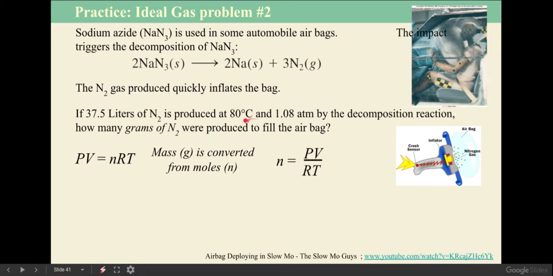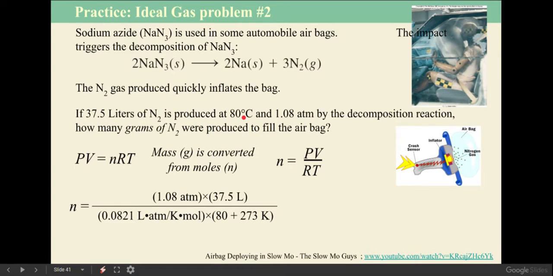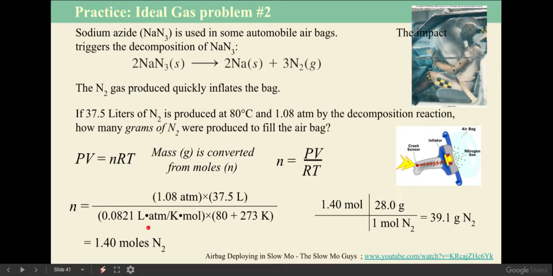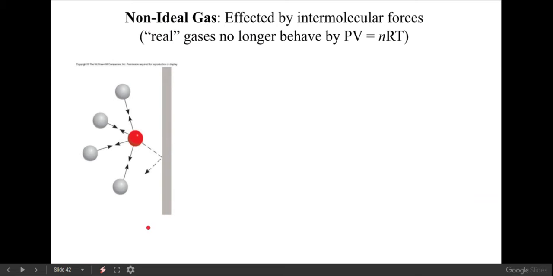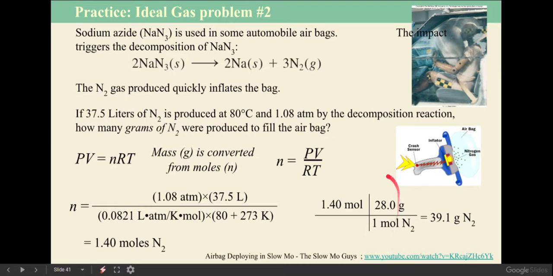R is a constant, and temperature just needs to be converted to Kelvin. So taking all of this, we get 1.4 moles of nitrogen. So then you need to know, how do I go to grams? And it's by multiplying by its molar mass, 30, to get 39 grams of nitrogen.